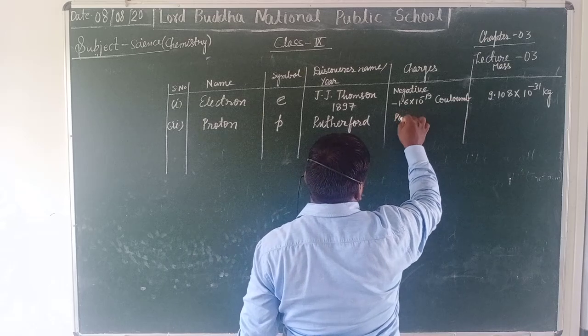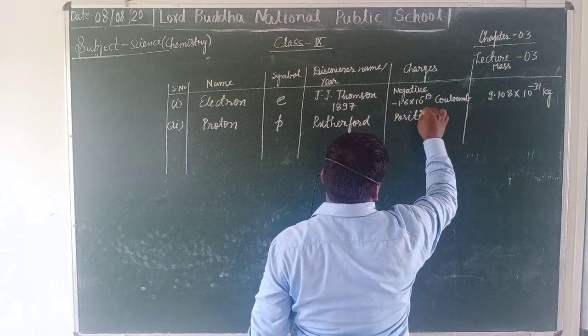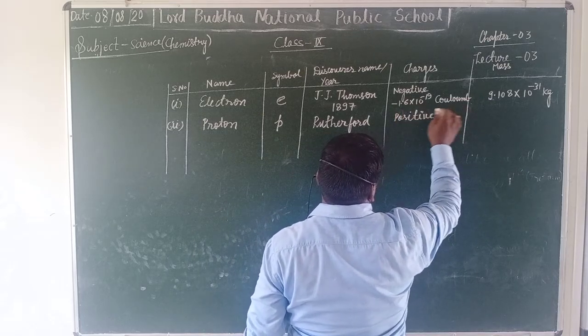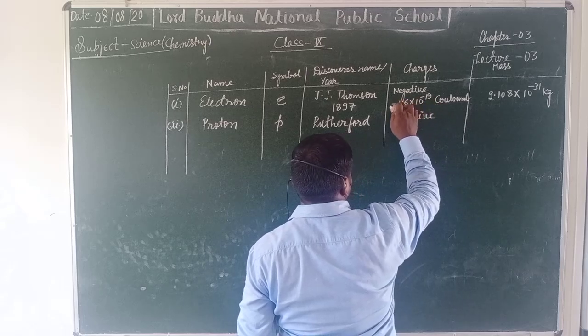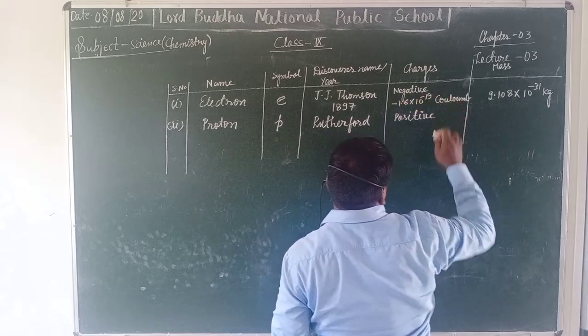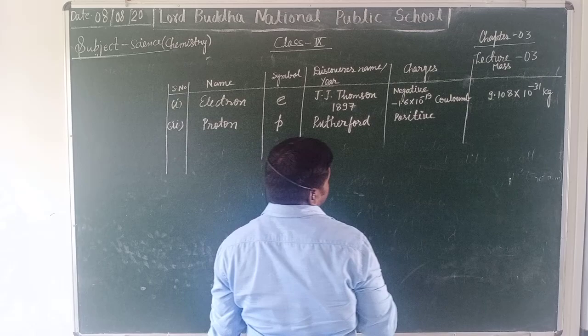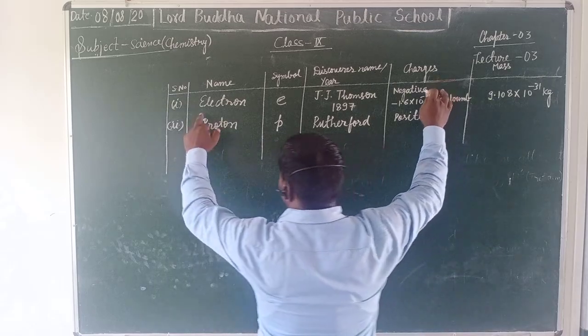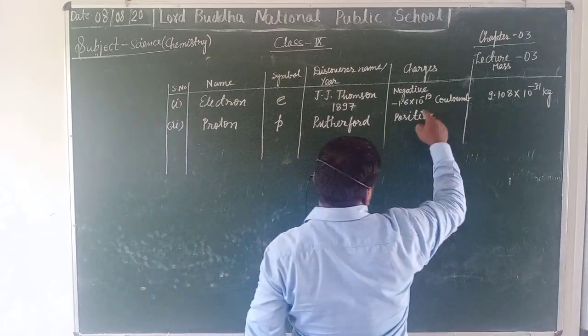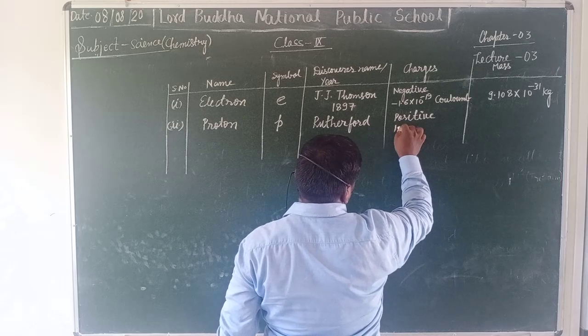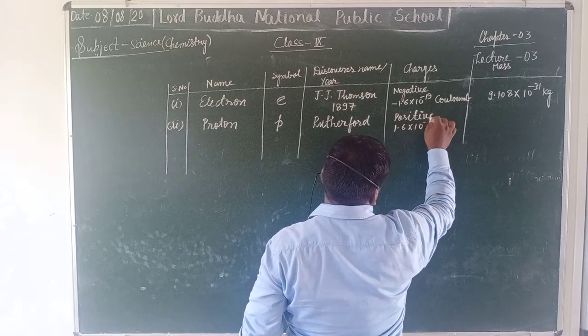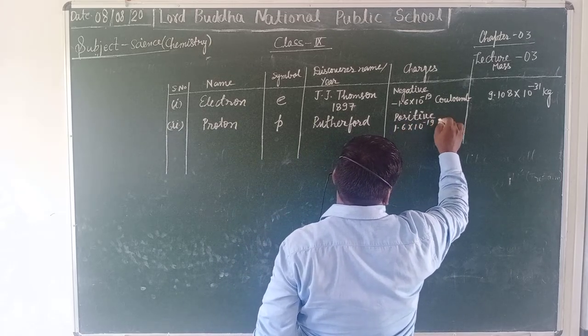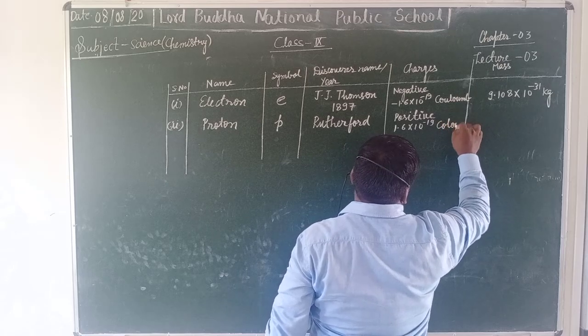It has a single positive charge of the same unit, but here minus 1.6 into 10 to power minus 19 coulomb charge is found on electron, but here only 1.6 into 10 to power minus 19 coulomb charge is found on a proton.